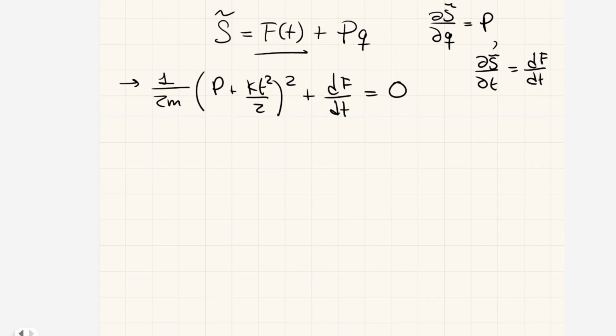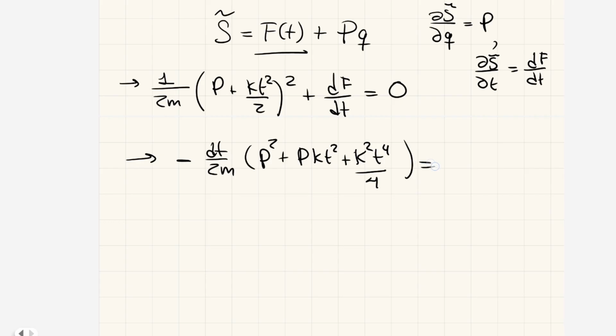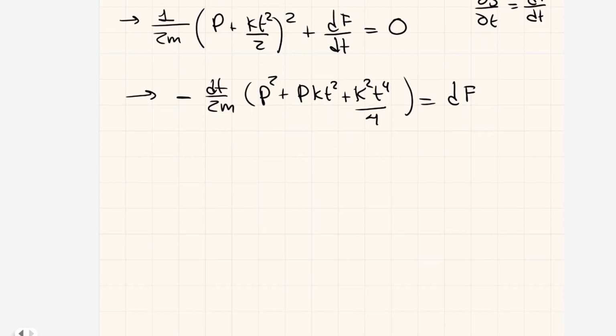So with this we have a very easy differential equation to solve, because we can see that this can be seen as minus dt divided by 2m times (P squared plus Pkt squared plus k squared t to the fourth divided by 4), and this is equal to dF. So with integration we can find what F is.